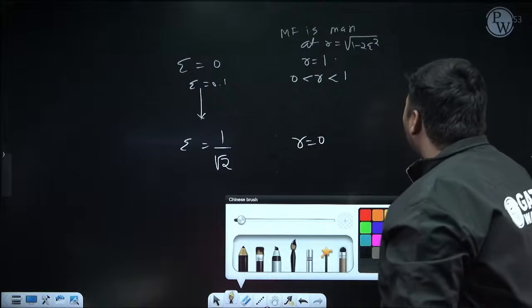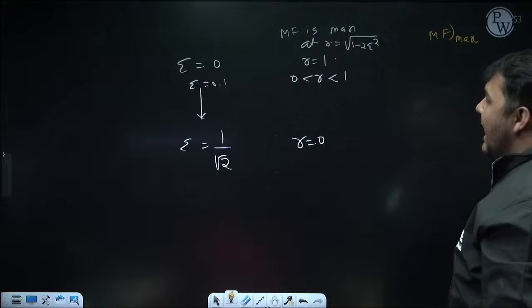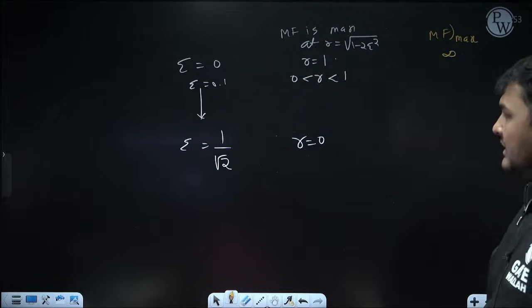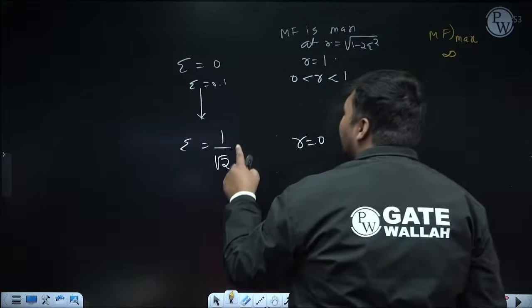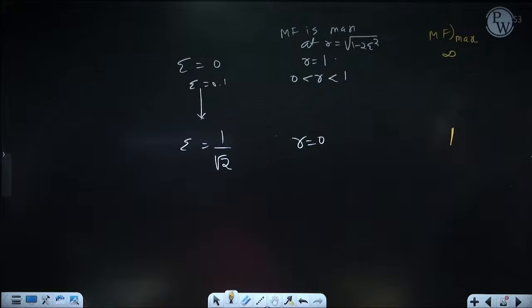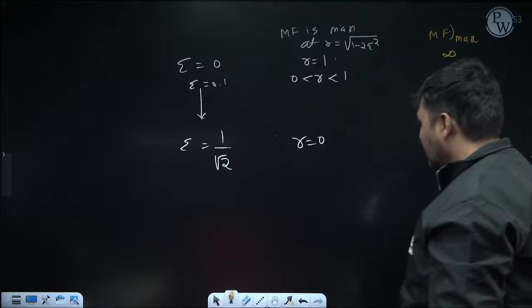Similarly, what about the maximum value of MF? At zeta equal to 0, the maximum value of MF is infinite, that we already know. If we put zeta equal to 1 by root 2, the maximum value of MF will come 1. You can check.